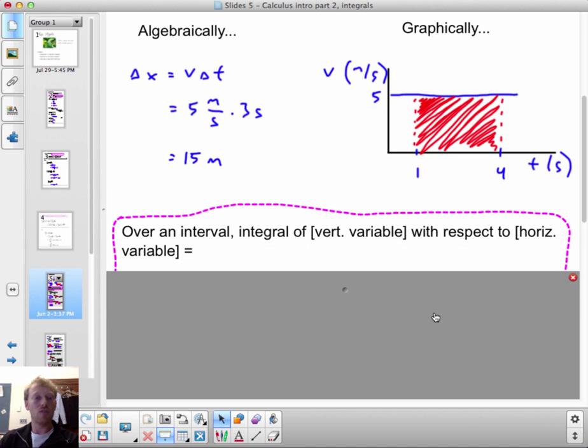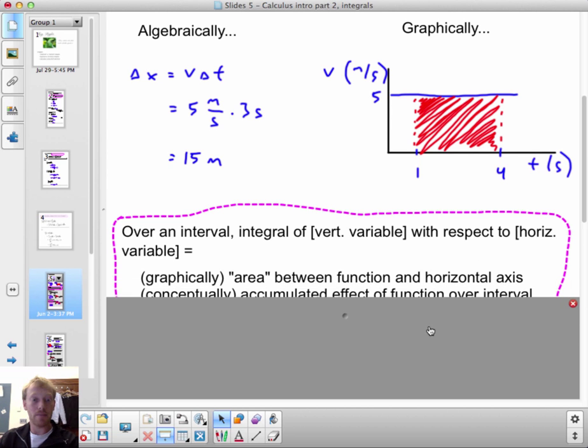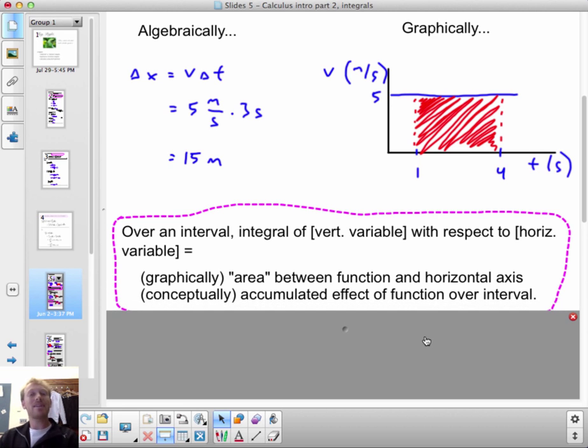So over an interval, the integral of the vertical variable, in this case velocity, with respect to the horizontal variable, in this case time, graphically is kind of like the area between the function and the horizontal axis. Conceptually, this area, this integral, represents the accumulated effect of what's on the vertical axis over the interval of what's on the horizontal axis.